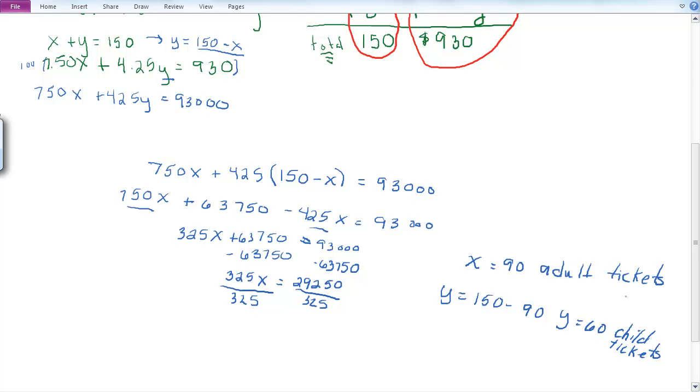So for our final answer, we want to make sure that we've always answered the question that's been asked: we have 90 adult tickets and we have 60 child tickets. And there we go.